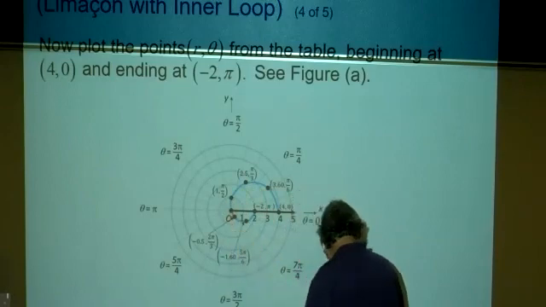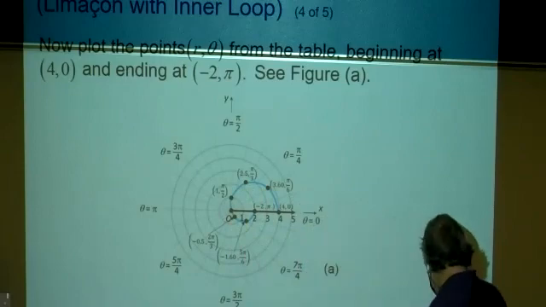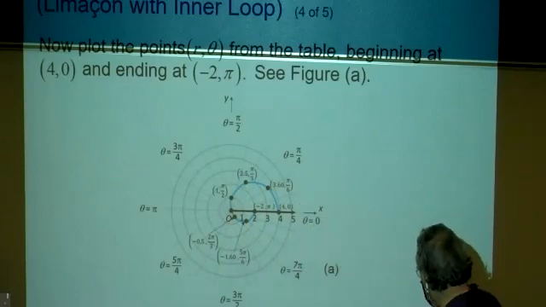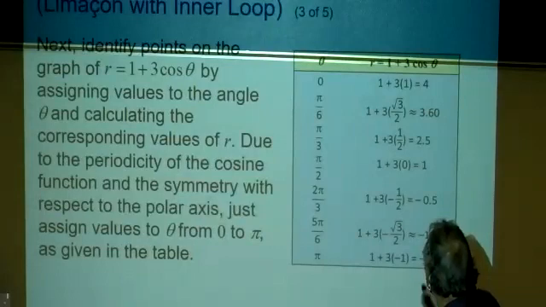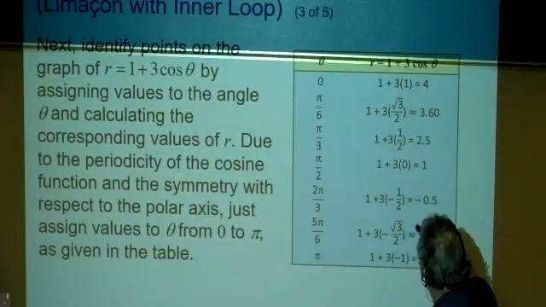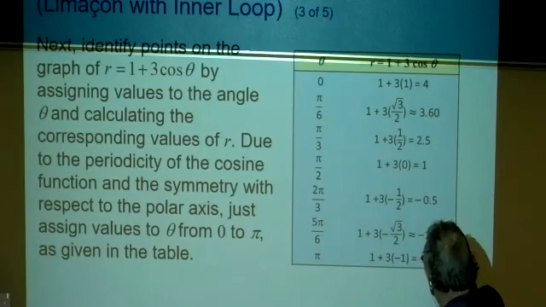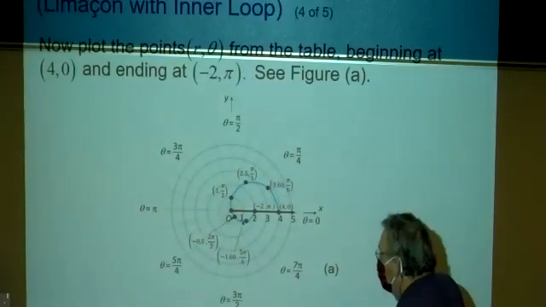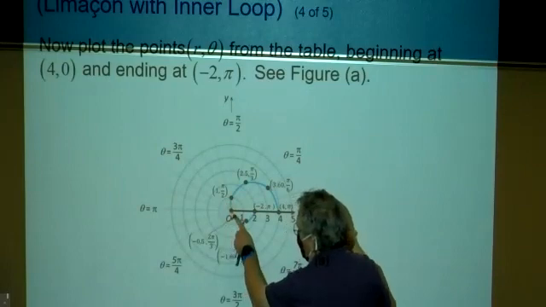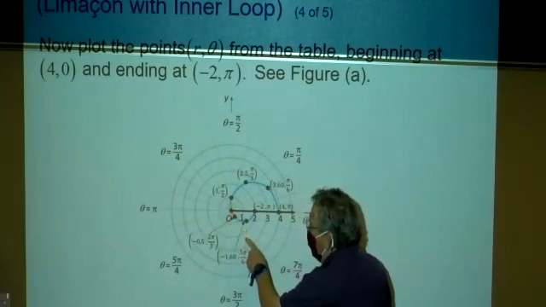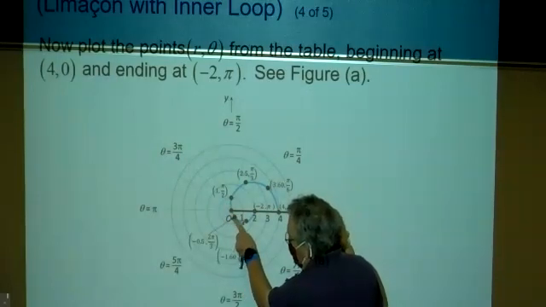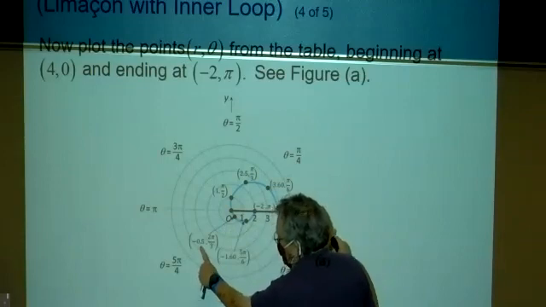Was there one that wound up on the pole? No, there wasn't. I don't think there was. No, none of them had 0 as an R value. But it does end up going through the pole here. And this one here was negative 0.5 at 2 pi over 3.